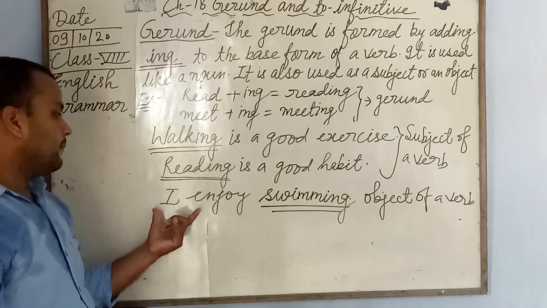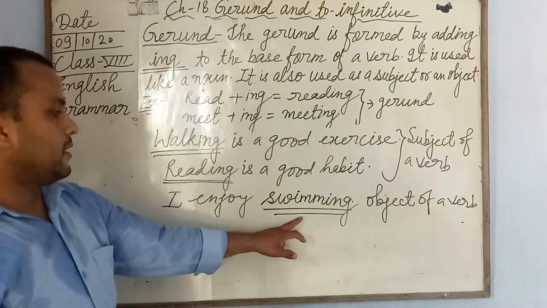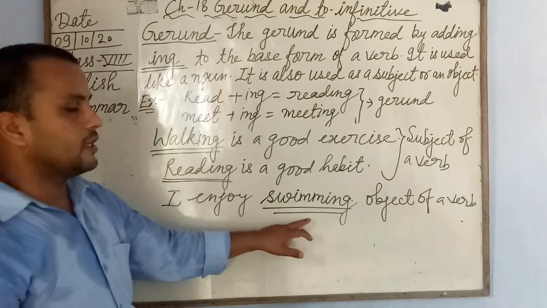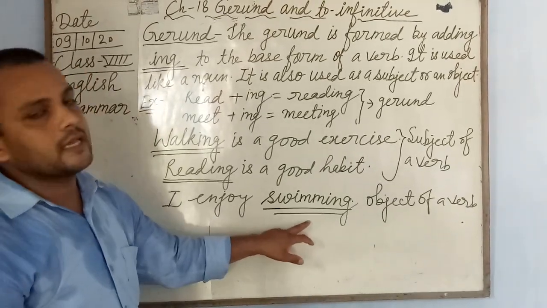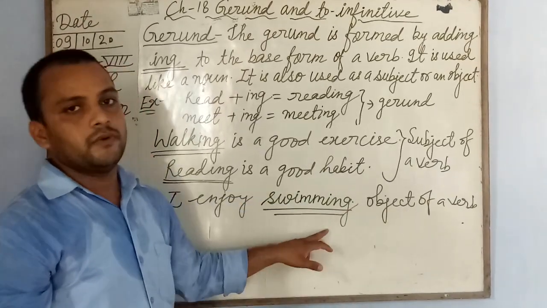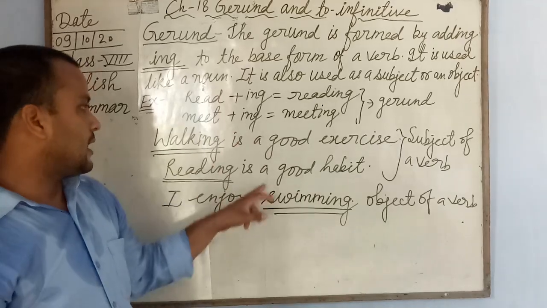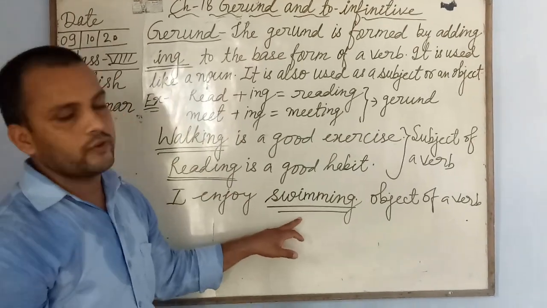See the second example. I enjoy swimming. Swimming has been used in place of object and it is working as a noun. So it is an object of a verb. So these are gerund: walking, reading and swimming.